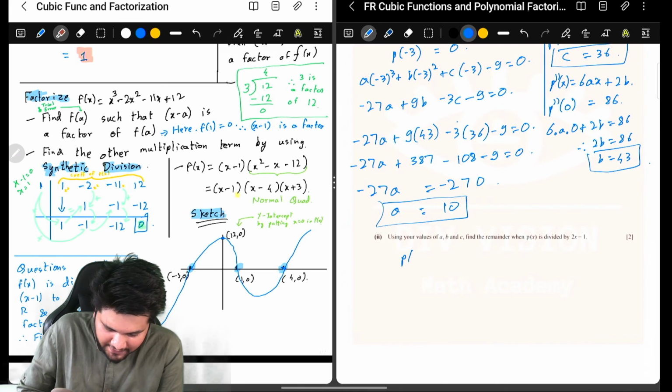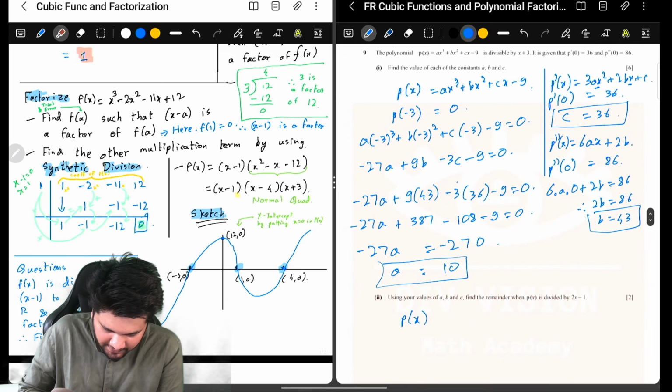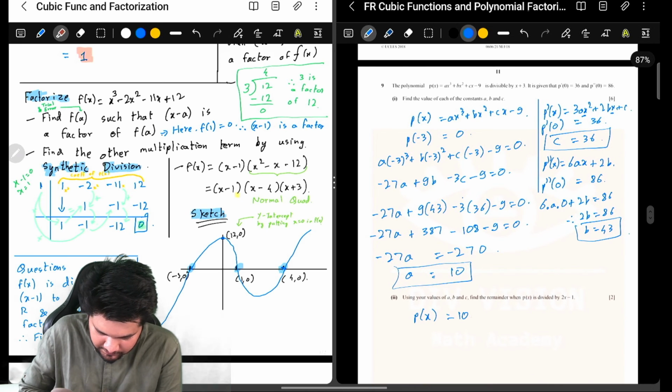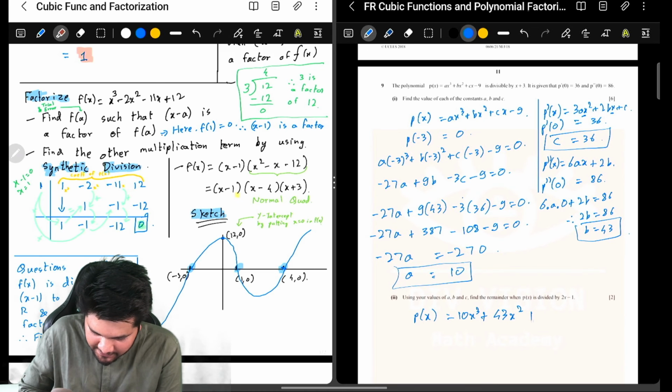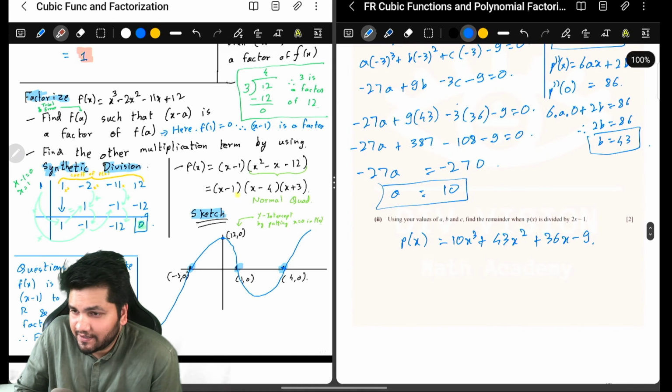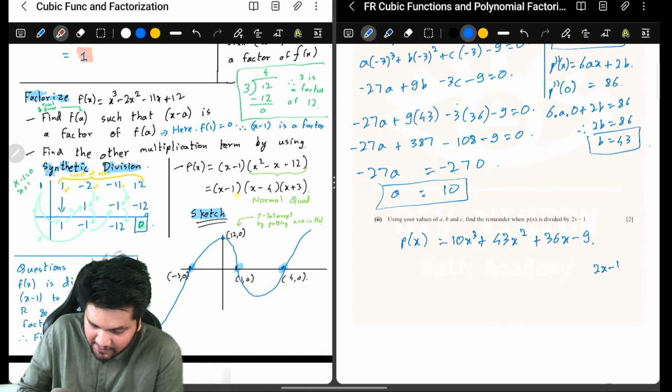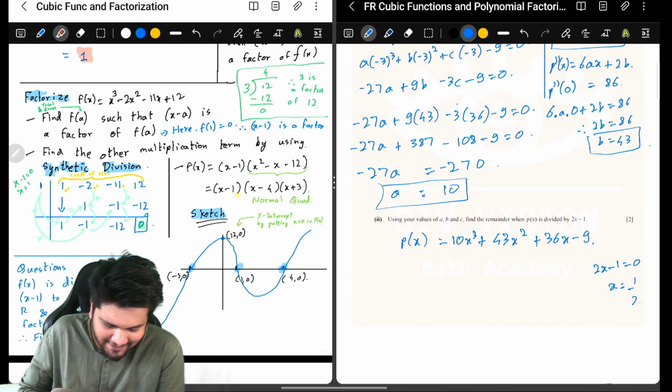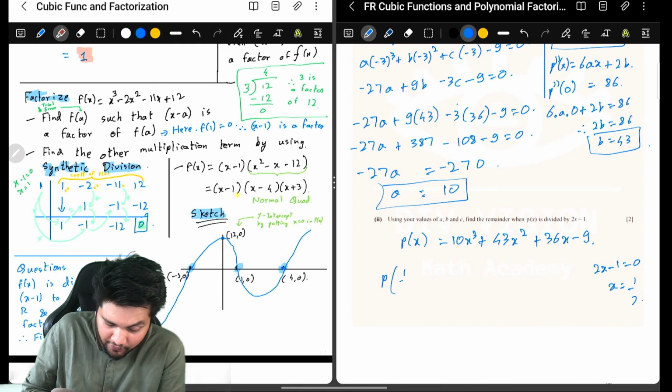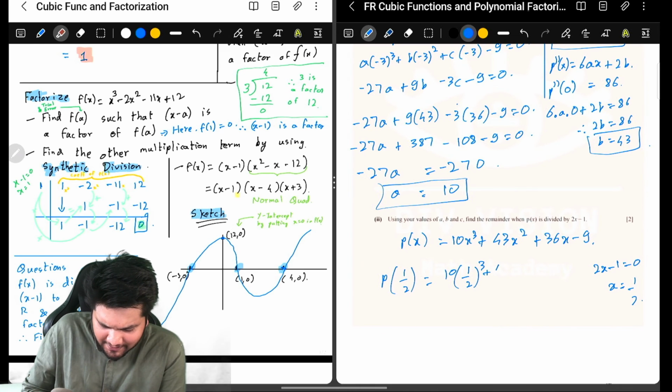So now we got p of x as 10x cube plus 43x square plus 36x minus 9, and we just need to find the remainder when p of x is divided by 2x minus 1. As I told you, you just put 2x minus 1 is equal to 0, x is equal to 1 by 2. Just substitute x is equal to 1 by 2 here. You will get p of 1 by 2, which is 10 times 1 by 2 cube plus 43 times 1 by 2 whole square plus 36 times 1 by 2 minus 9.